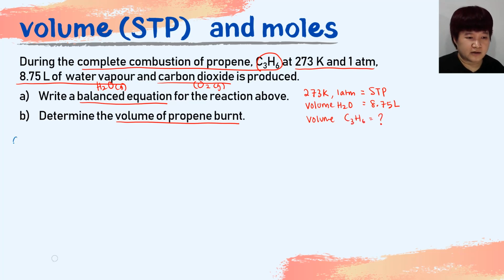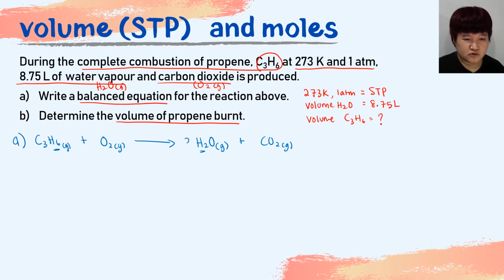First and foremost, let's write the balanced chemical equation. So I have C3H6, which is a gas, burned in excess of oxygen, forming water vapor, which is a gas, and also carbon dioxide gas. So how many water do I need? 6 hydrogen.